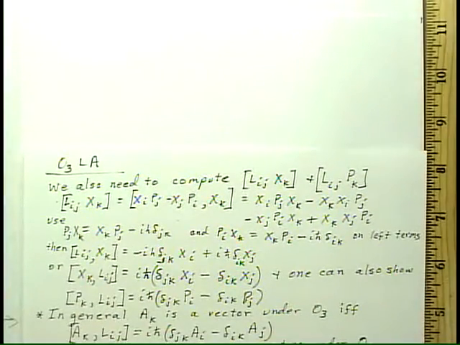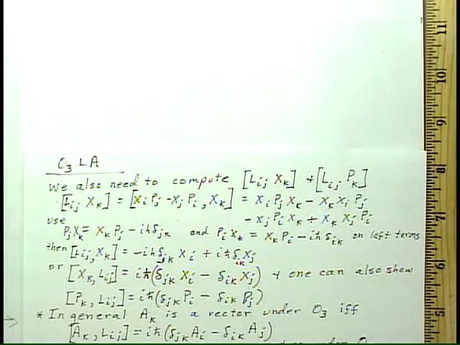Now we can rewrite that and change the signs in the following way. We want to interchange the x and the L, and when we do that, we change all of these signs, and so we can write the commutator of x_k with L_ij is equal to iħ, which we pull out front, times δ_jk x_i minus δ_ik x_j.